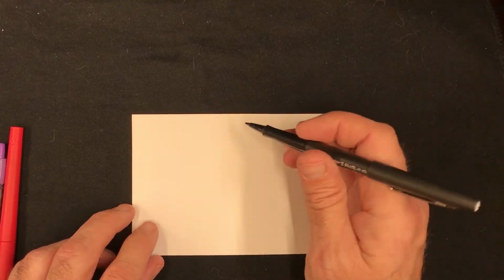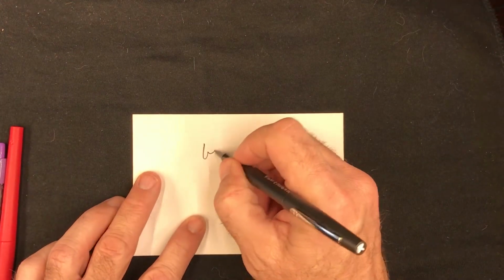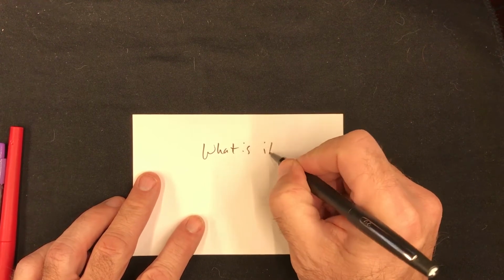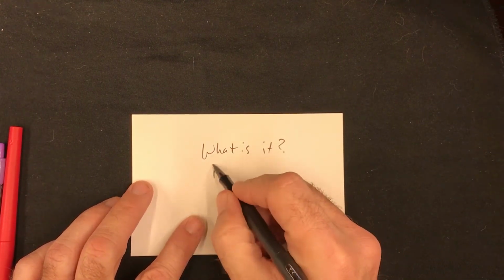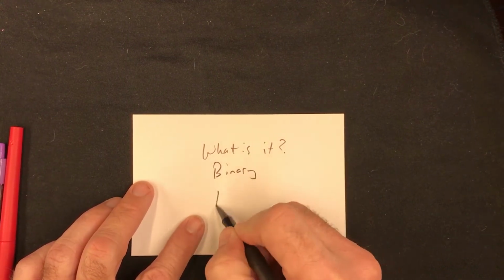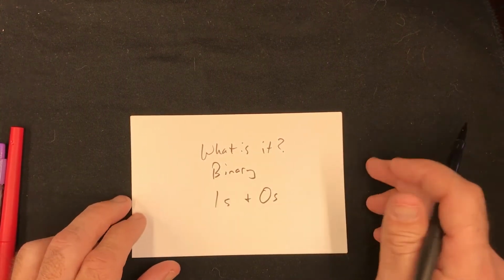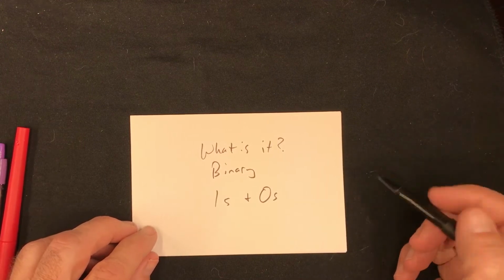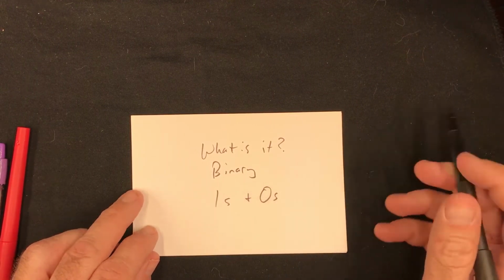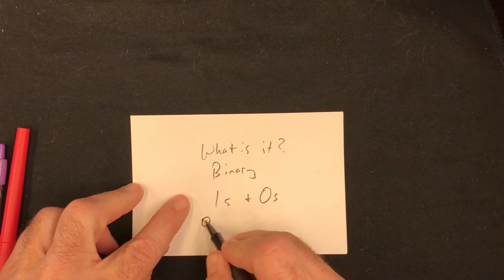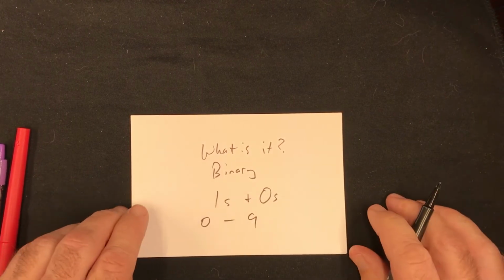So, but what is binary? Well, binary it's ones and zeros. So basically, it's a number system that has only two numbers in it. Unlike our base 10 system that has 0 through 9 in it, that's what we normally use.